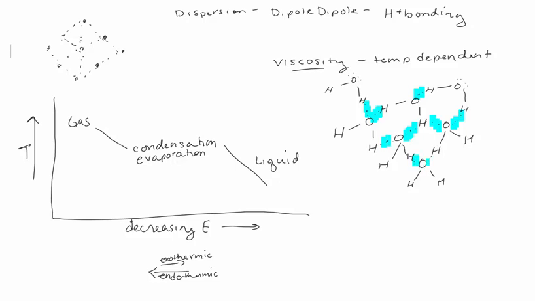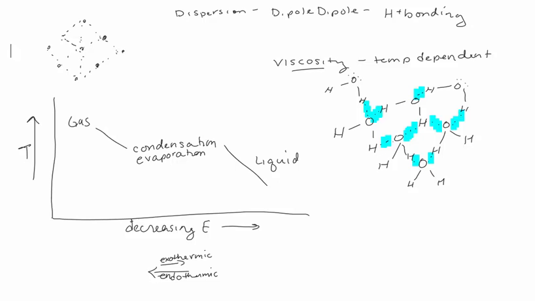This is what's holding our molecules together. So the stronger those forces, the stronger those interactions, and as we talked about in the intermolecular forces video, you can have dispersion forces that are fairly strong with one another, and that's typically going to be molecular weight dependent.